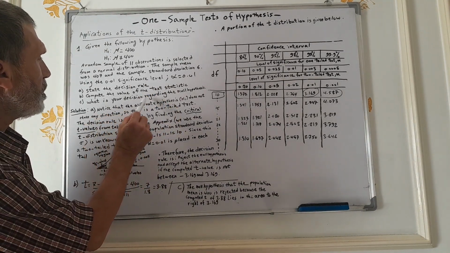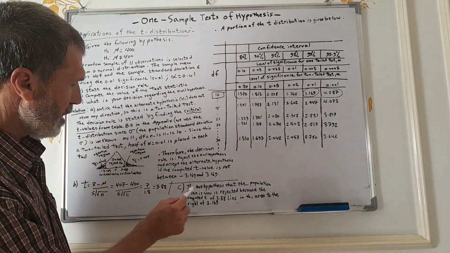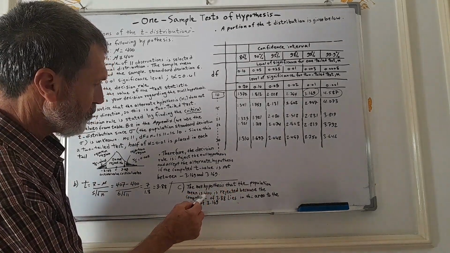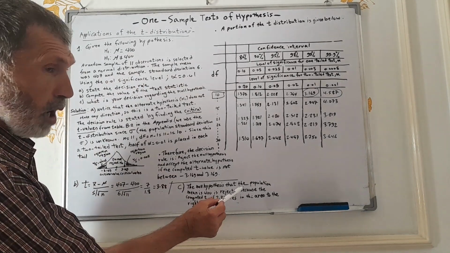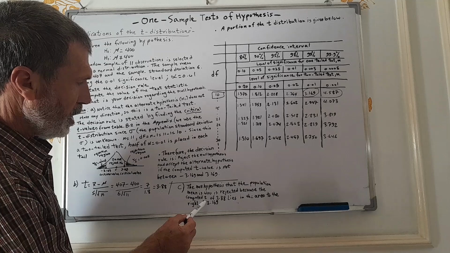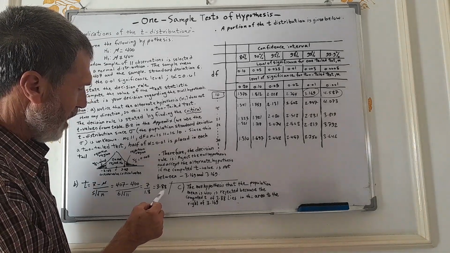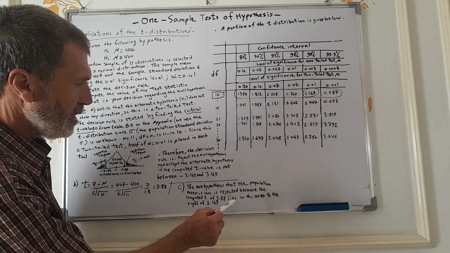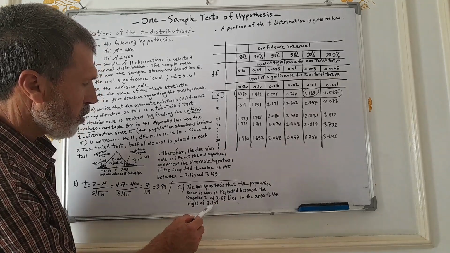What is your decision regarding the null hypothesis? Now, as you can see, 3.88, the null hypothesis that the population mean is 400, okay, is rejected. Why? Because the computed value of t, 3.88, lies in the area to the right of 3.169.